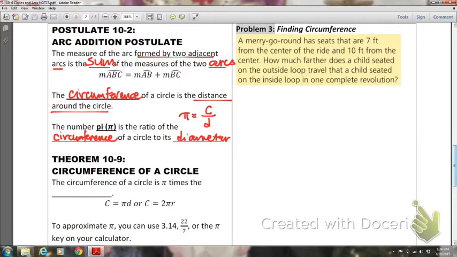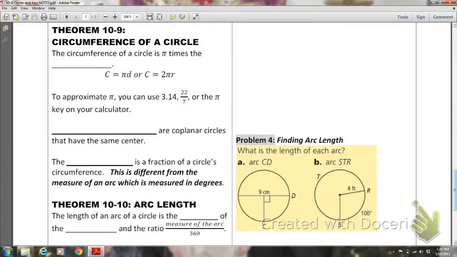And that leads into the next theorem, which gives us the formula for the circumference of a circle. So the circumference of a circle is pi times its diameter. And since diameter is equal to 2 times the radius, that can also be either pi times diameter or pi times 2 times the radius, which is 2 pi r.